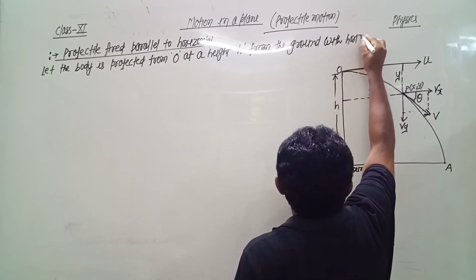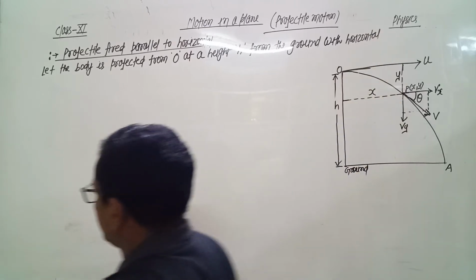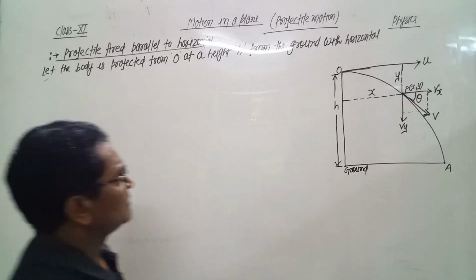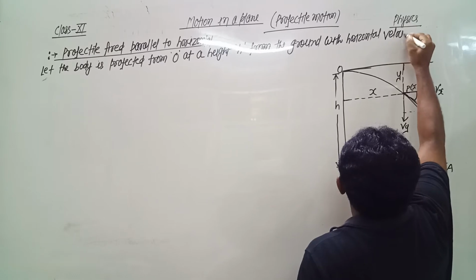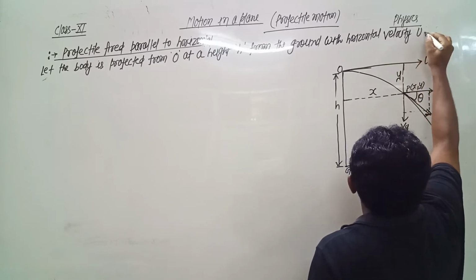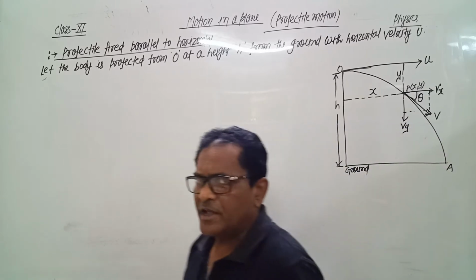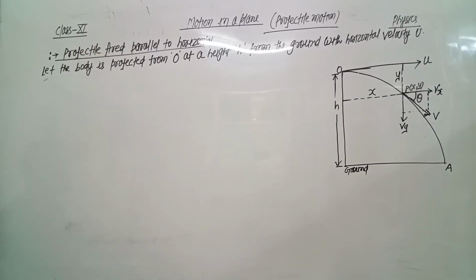U is the horizontal velocity. It means the body is projected horizontal to the ground from point O at a height h, and the velocity is u.